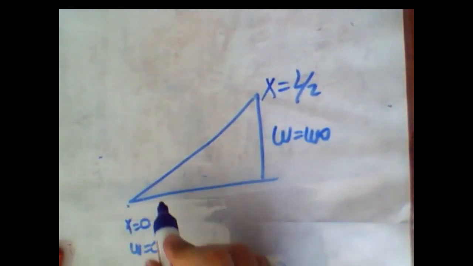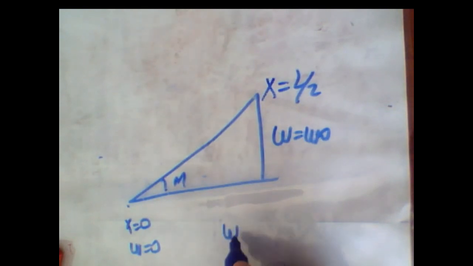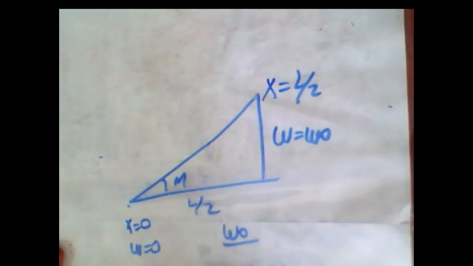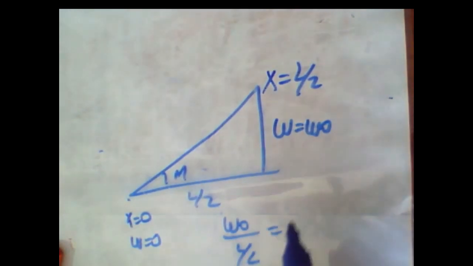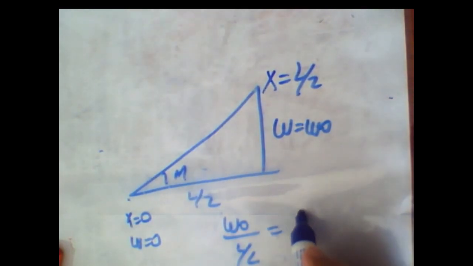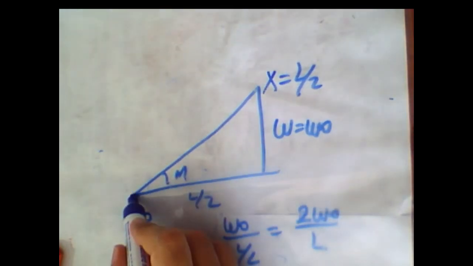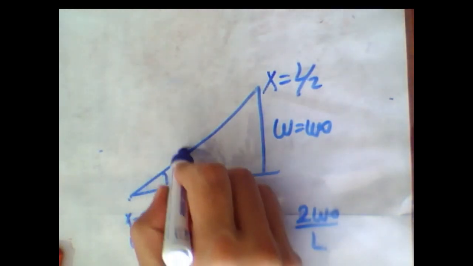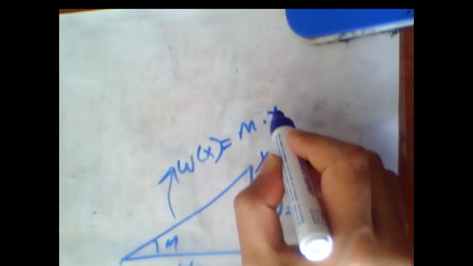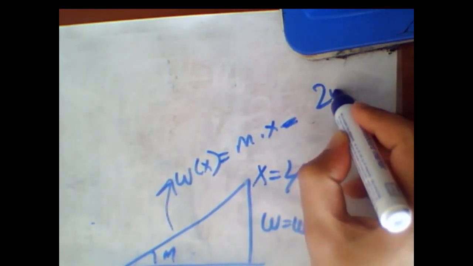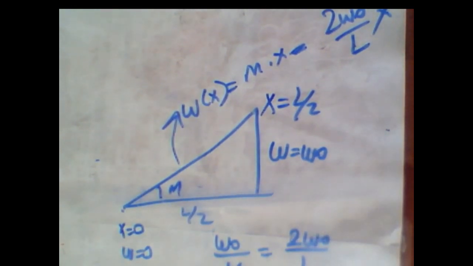So the slope m is equal to omega 0 over L over 2, which is 2 omega 0 divided by L. The function starts from x equal to 0, therefore omega(x) is equal to slope times x, which is 2 omega 0 over L times x, from simple mathematics.